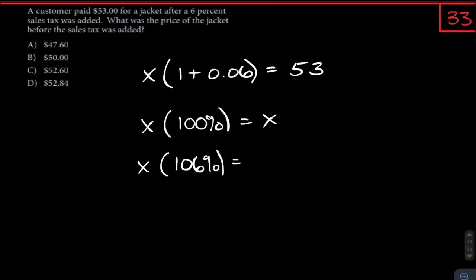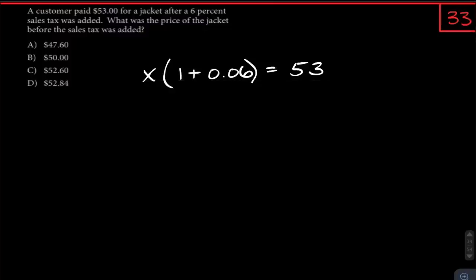I know that I always got tripped up when I was in algebra and doing all that stuff because I wouldn't understand why we would use 0.06 in some cases and why we would use 1.06 in other cases. So this becomes 1.06x equals 53.